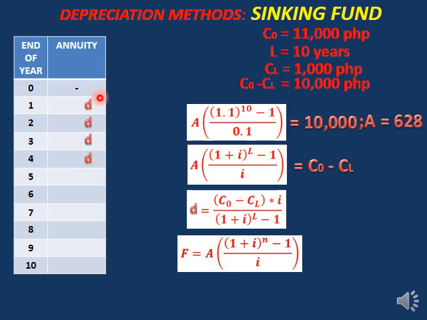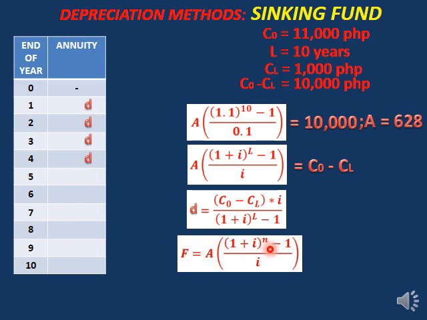Now, the total depreciation after 4 years may be computed using the formula of annuity, because as you can see, this is actually an annuity. Our formula for annuity is the annuity times this quantity.